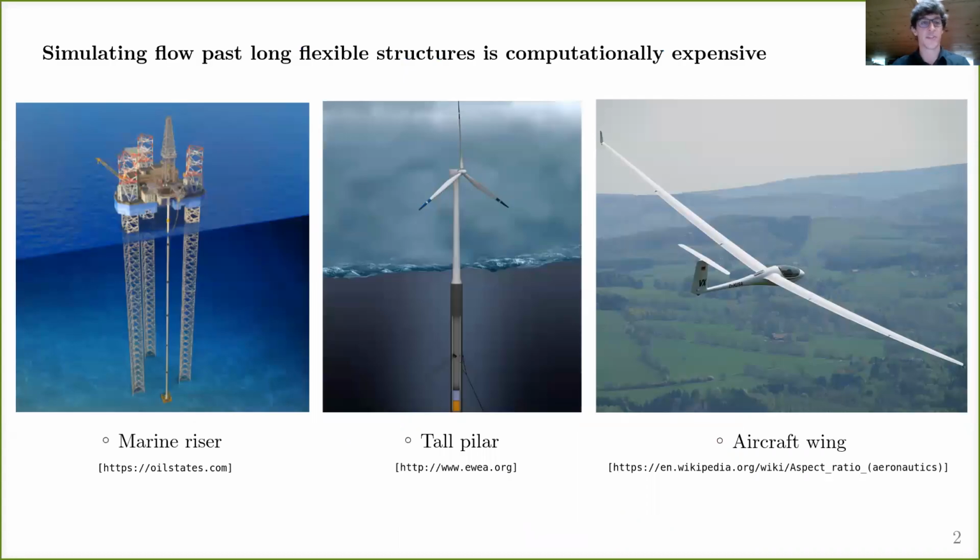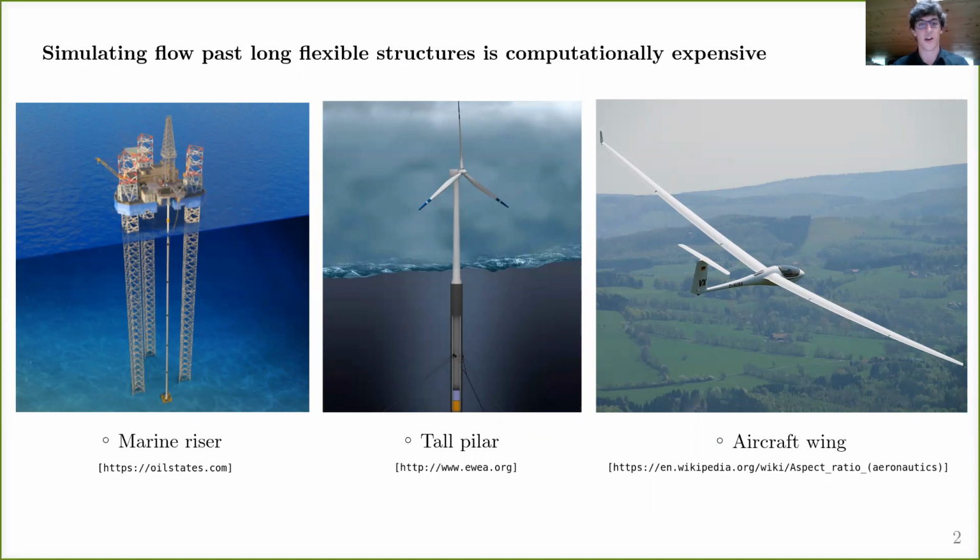So the research problem that we are interested in is how can we simulate flow past long and flexible structures in a computationally feasible time. Structures such as marine risers, tall pillars, or aircraft wings are long, they present a homogeneous direction, and they are flexible.